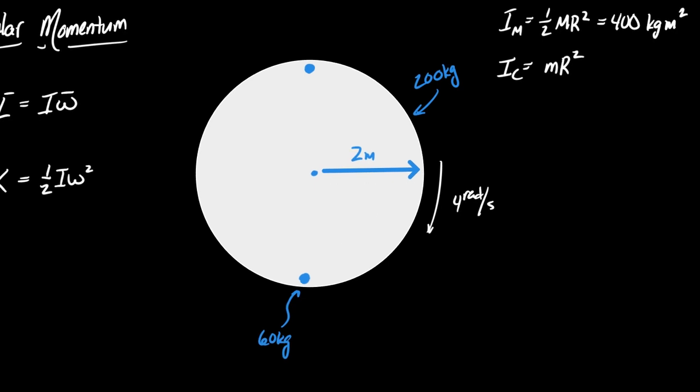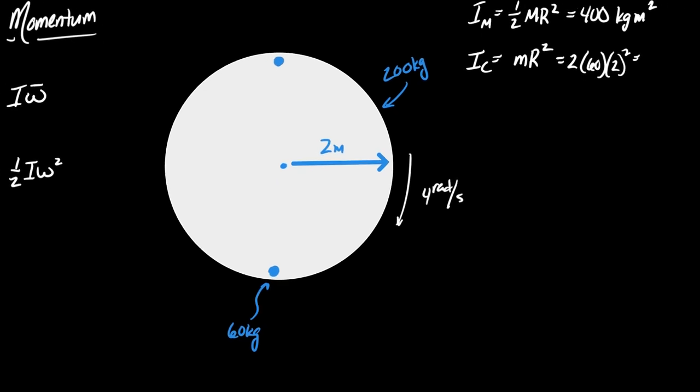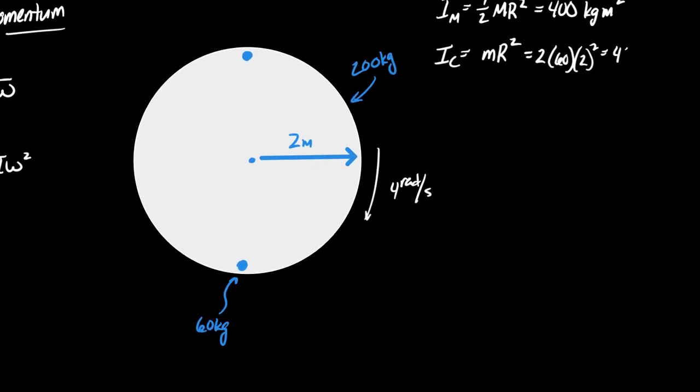The moment of inertia of the children, there are 2 of them, each 60 kilograms standing 2 meters away. That's 2 squared is 4 times 60 is 240 times 2 is 480. So the children together give a moment of inertia of 480 kilograms meters squared, which gives me a moment of inertia of the system of 880 kilograms meters squared.